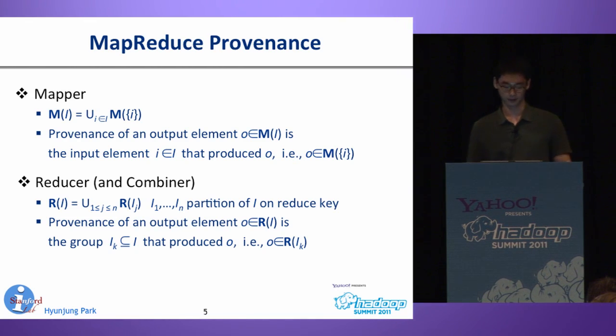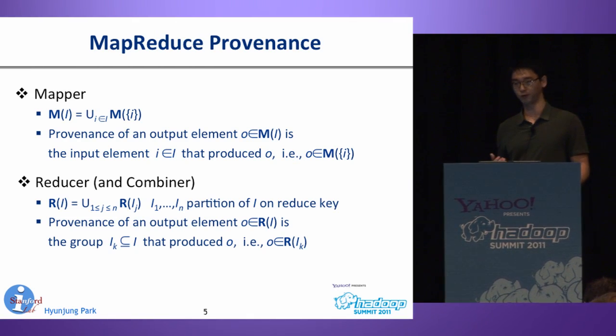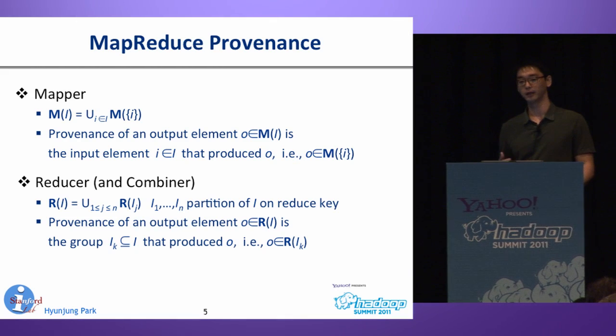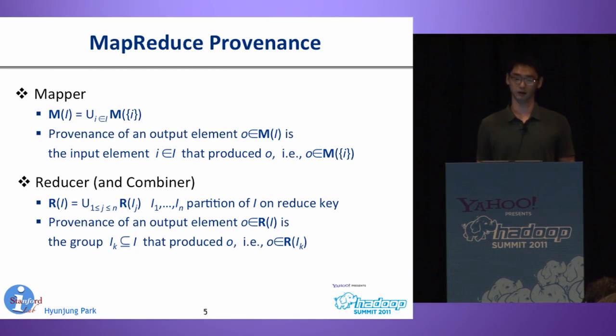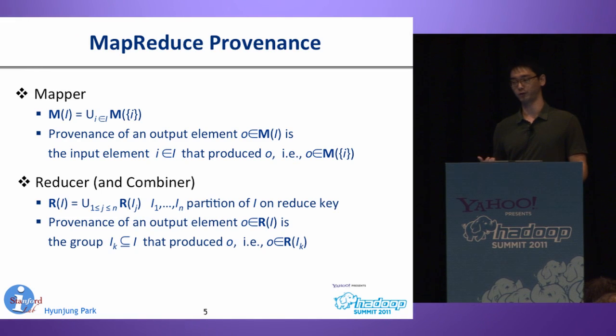On the other hand, the reducer produces 0 or more output elements independently for each group of map output elements with the same reduce key. So we define the provenance of an output element as the entire group of map output elements, of course with the same reduce key, that produces the output element. Finally, the combiner is the same as the reducer. The entire group of map output elements with the same reduce key is the provenance of an output element in the combiner.